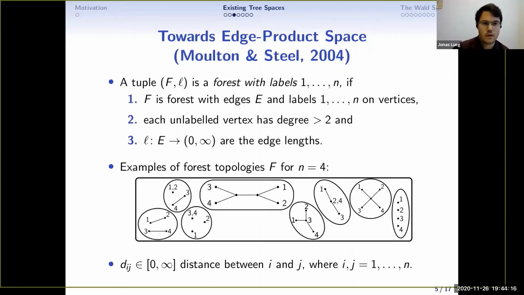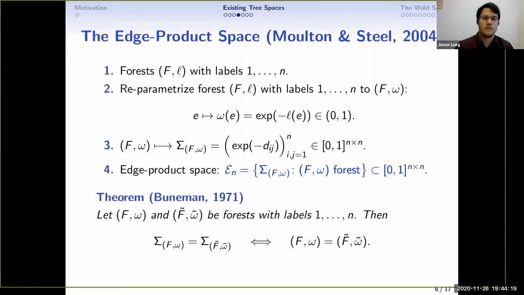All right. Then the edge product space is defined as follows. We take all these forests that I have just defined for a fixed n. First of all, we reparameterize the forests by taking edge weights instead of edge lengths. So we just take the exponential of minus the edge length, and then we end up with a number between 0 and 1.